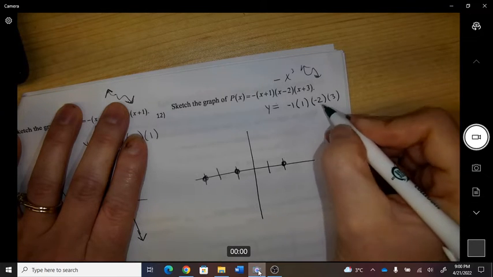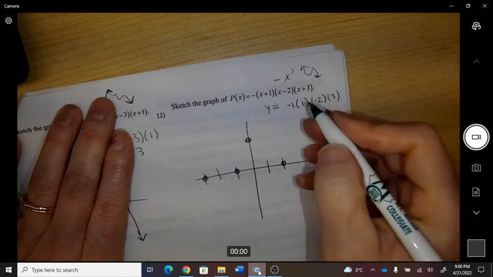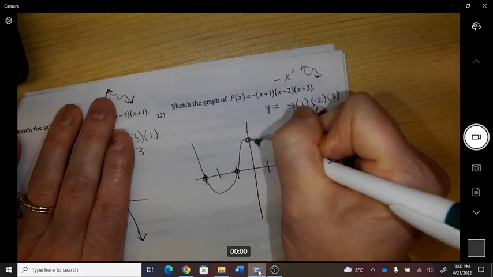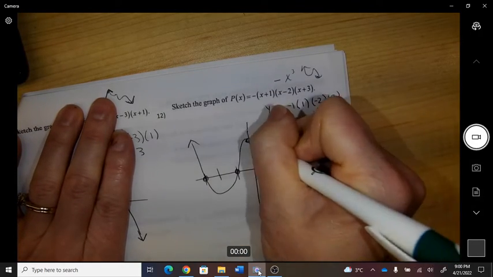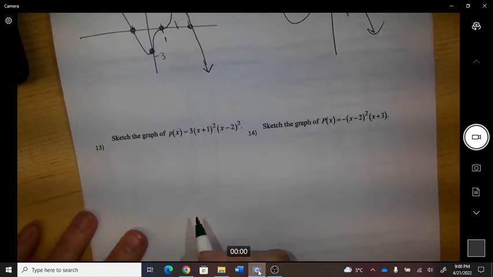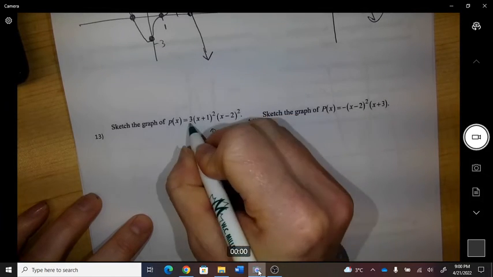So that is going to be +6. So my shape like that needs to go crossing through all of those. No flattens, no bounces.